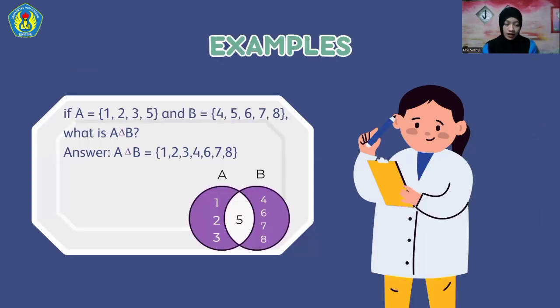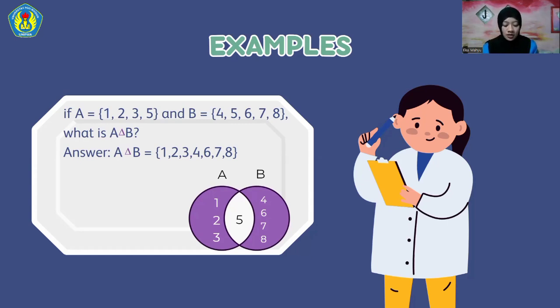Example, if A has elements 1, 2, 3, 5, and B has elements 4, 5, 6, 7, 8. What is the symmetric difference between A and B?